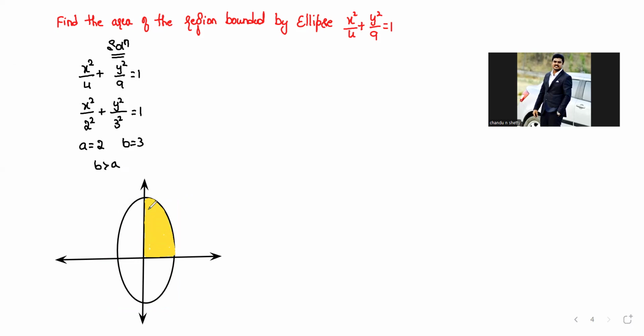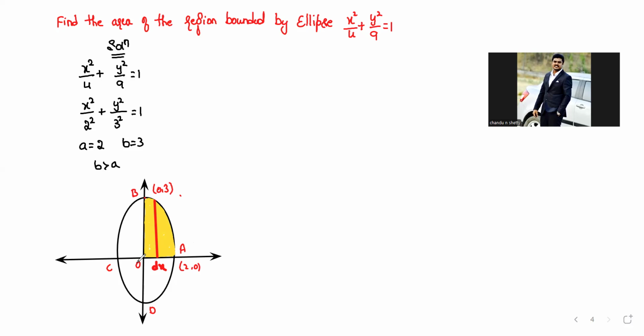And again, with respect to dx, we are taking here with respect to dx. Now observe the points. This point is the coordinate of a, a value is 2 comma 0. And again this point is 0 comma 3. So this is A, B, and again this is O. This is the diagram we have.